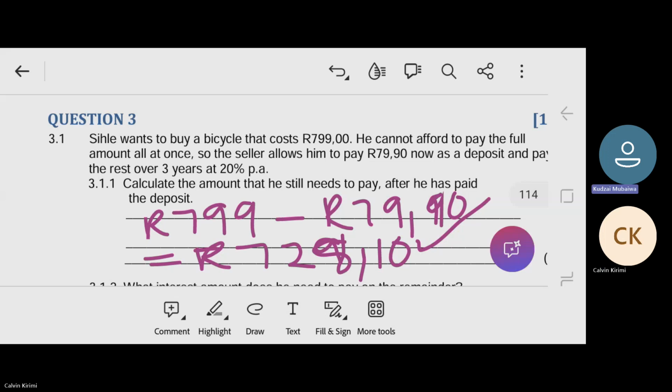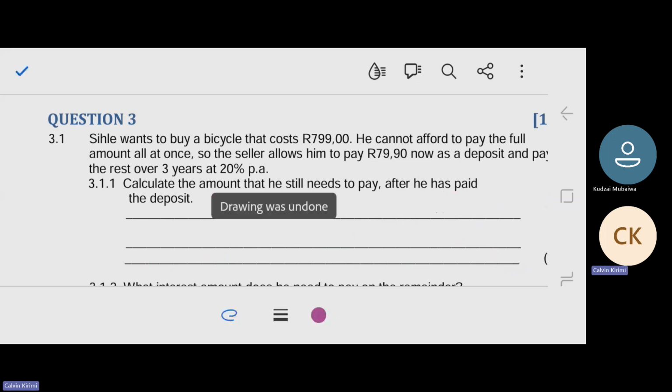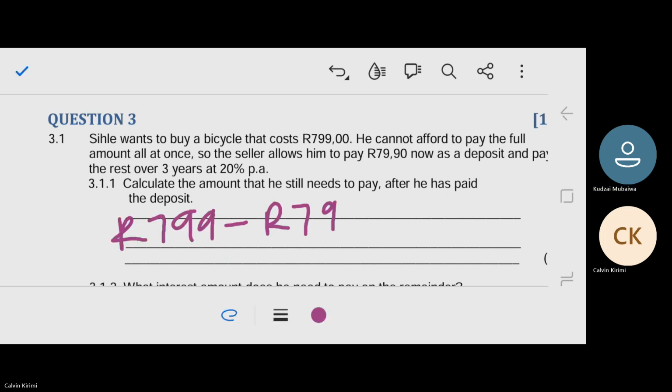So the calculator is saying 719 rands, 10 cents. So use your calculator.